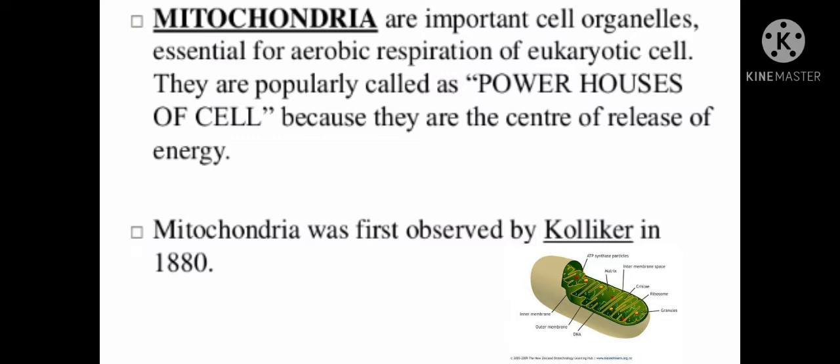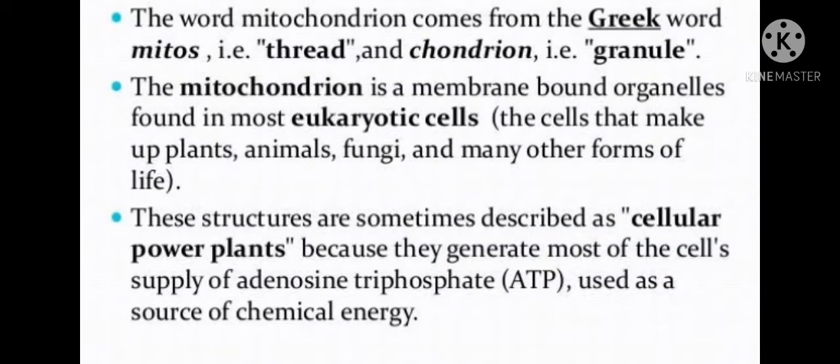See here the structure of mitochondria exactly. What is the meaning of mitochondria? Mito stands for thread and chondria stands for granule. The word mitochondrion comes from the Greek words mitos, meaning thread, and chondrion, meaning granule. The mitochondrion is a membrane-bound organelle found in most eukaryotic cells, the cells that make up plants, animals, fungi and many other forms of life.